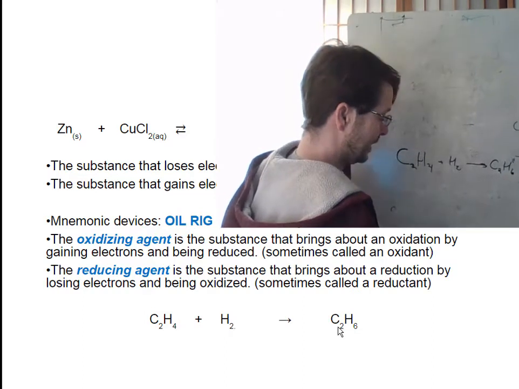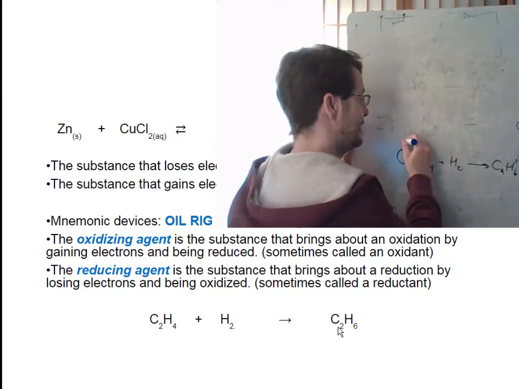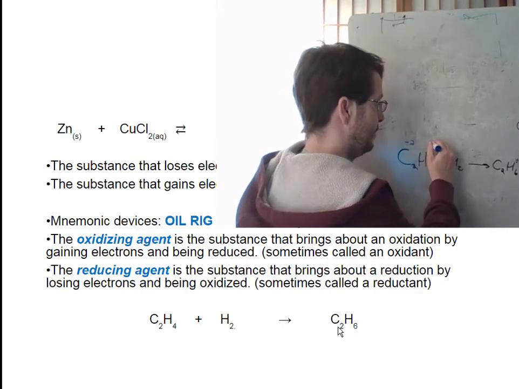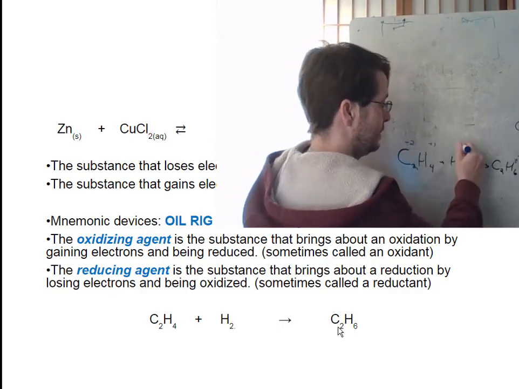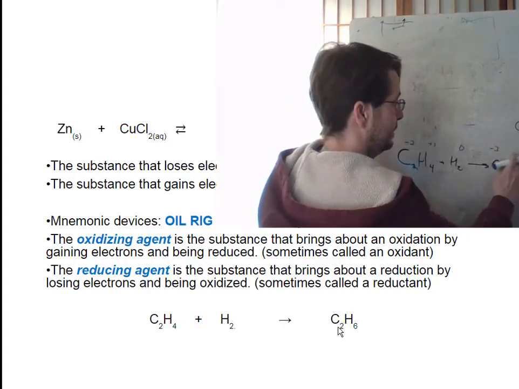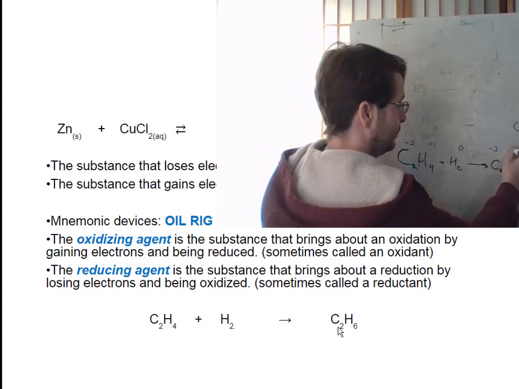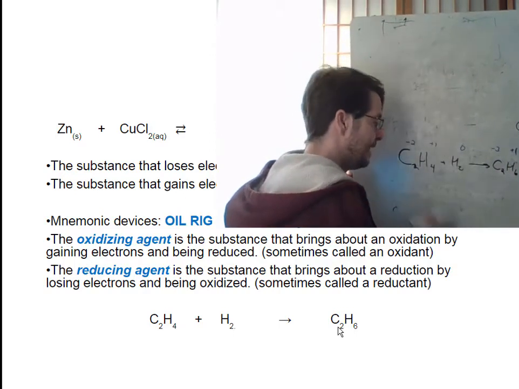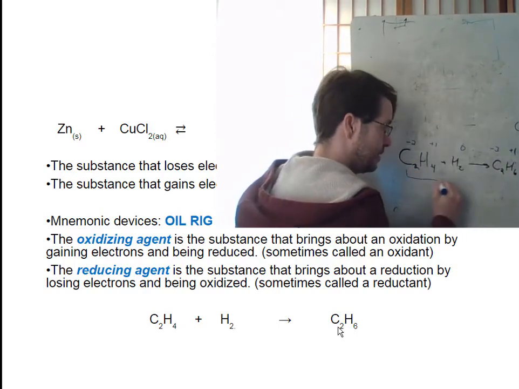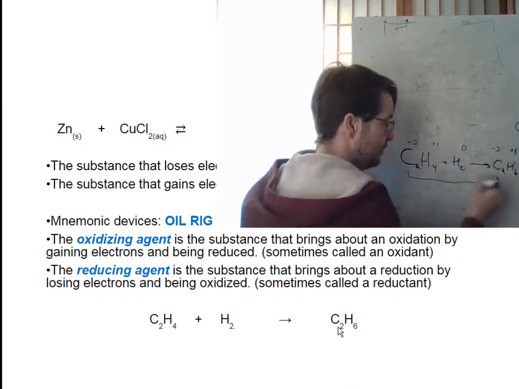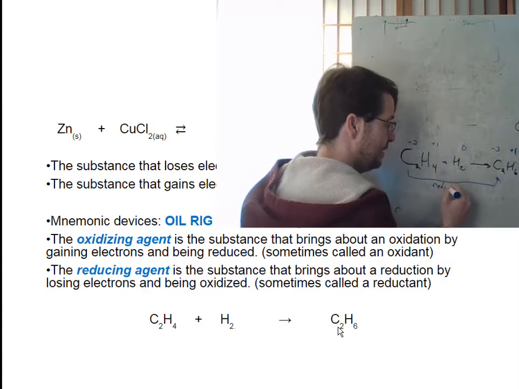So if we go through and label our oxidation numbers, we said this is -2, this is +1, this is 0, this is -3, and this is +1. All right. We can see that the carbon has gone from -2 to -3, so therefore this one has been reduced.